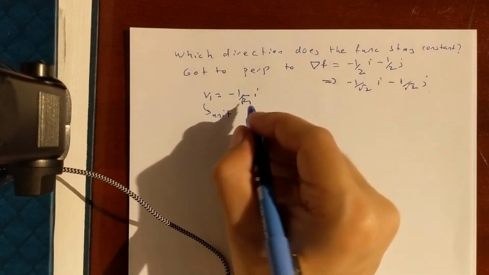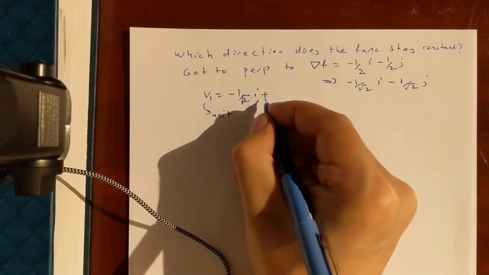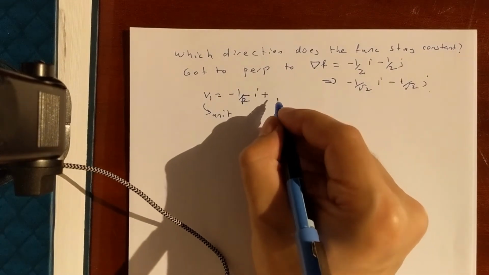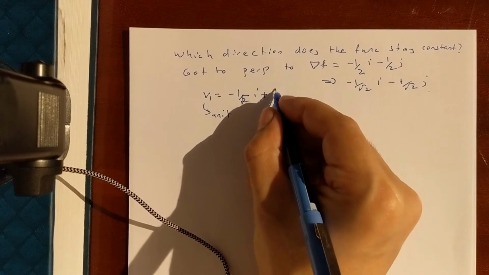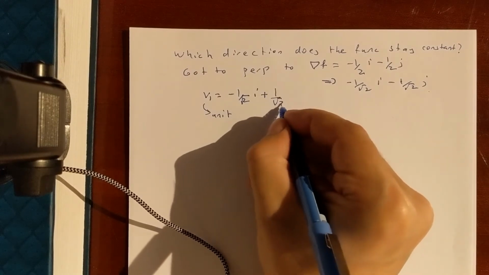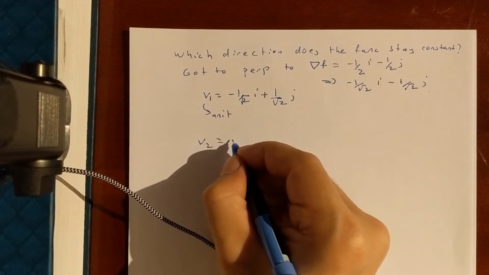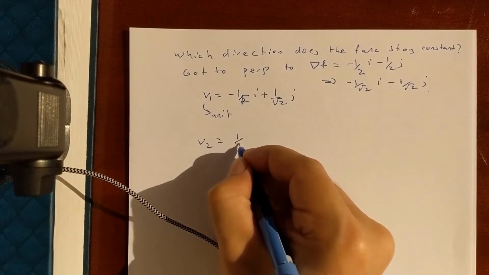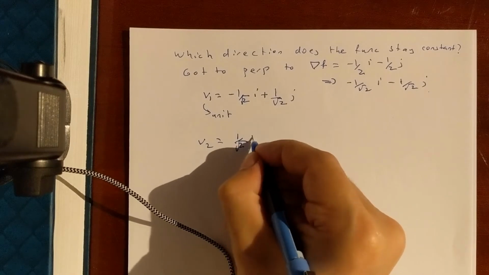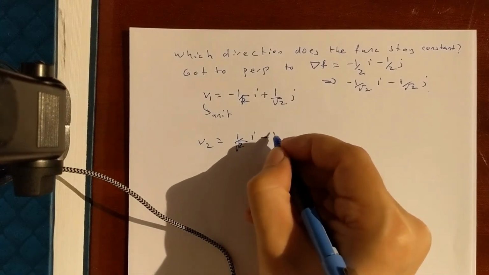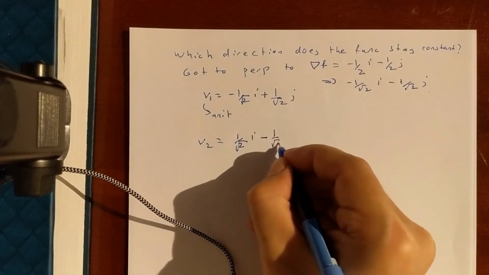So v1 is, I'm going to keep the first coordinate and change the sign of the second coordinate, so it's minus 1 over square root 2 i plus 1 over square root 2 j. And v2, this time I'll change the sign of the first one: 1 over square root 2 i, and I'll keep the sign the same on the second, 1 over square root 2 j.